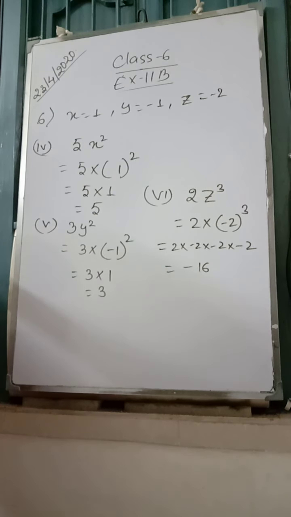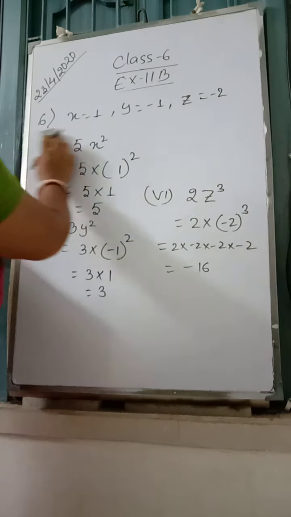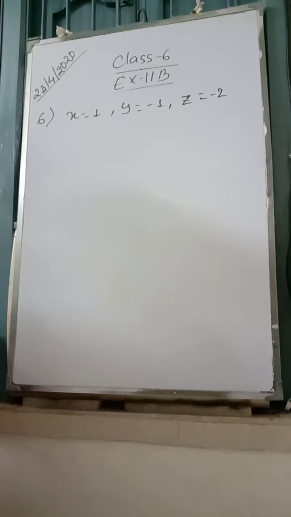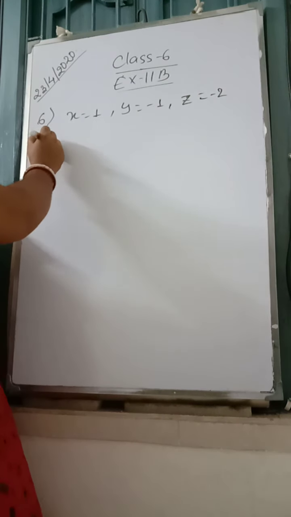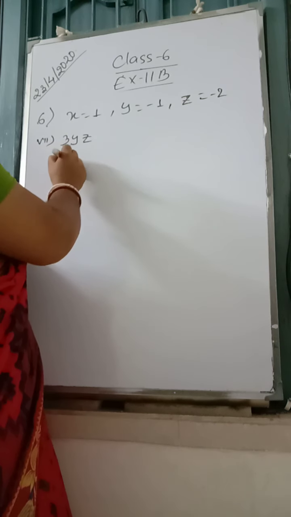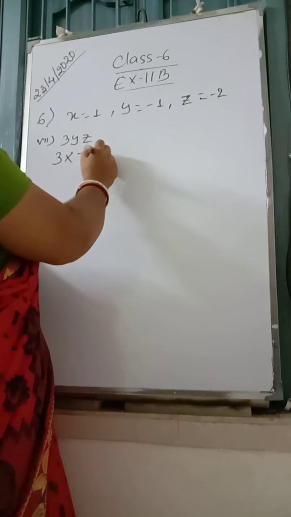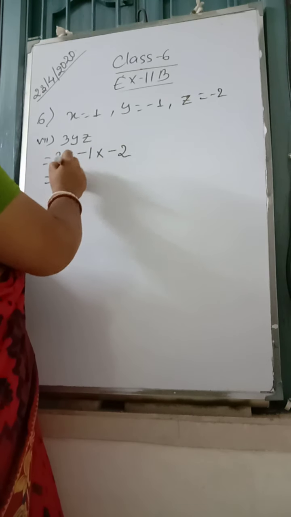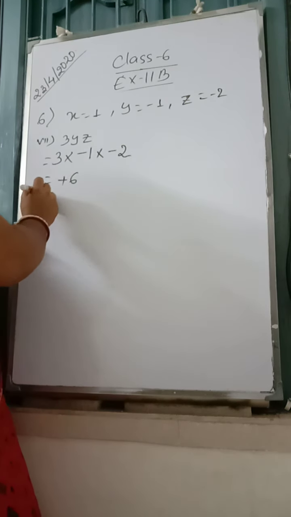The next is 3yz, number 7. 3yz. So 3 into y's value, which is minus 1, into z's value, which is minus 2. So 3 2s are 6, minus minus plus, 6.